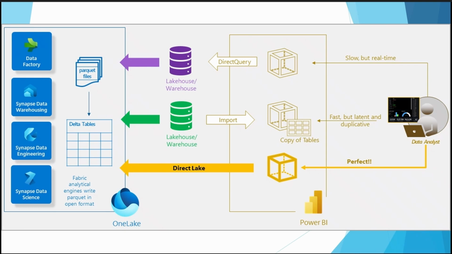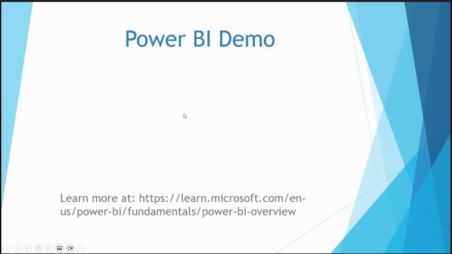But again, your data is a little bit out of date, because it's only as up to date as the last refresh. Now, what we've got available in Power BI and Fabric is this direct link mode. It goes back to the original Delta tables, and you see here in the slide, it is skipping.